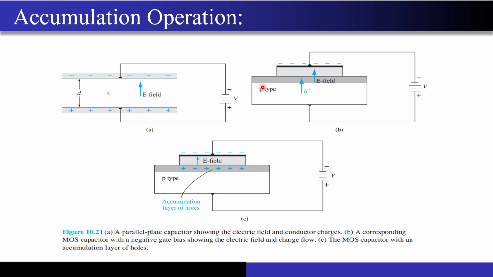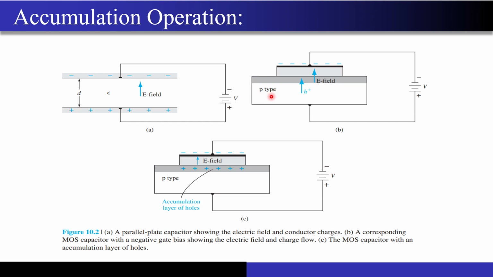It will attract a lot of holes near this interface, and this interface is called the silicon to silicon dioxide interface, that is the SiO2 interface, because this is your silicon dioxide and this is your silicon. What are the majority carriers of the substrate?